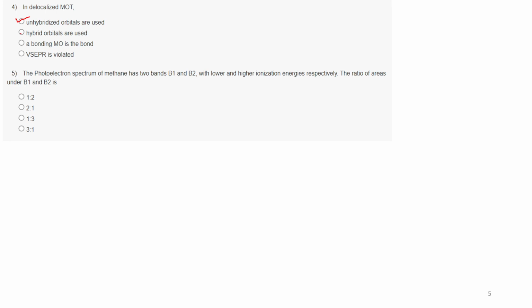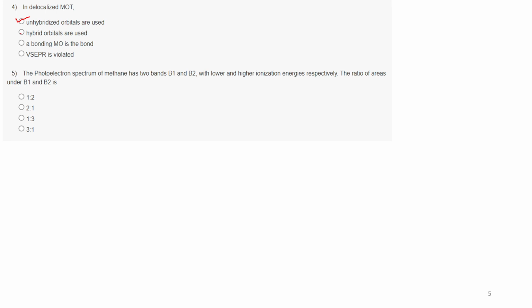The limitation of valence bond theory is that those hybrid orbitals are highly directional. They are not delocalized all over the molecule. So in the case of delocalized MOT, we are dealing with unhybridized orbitals.